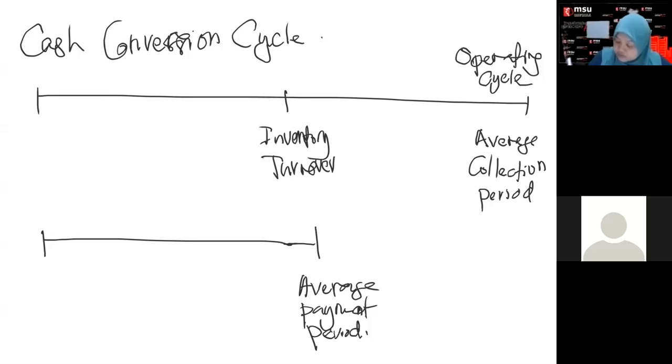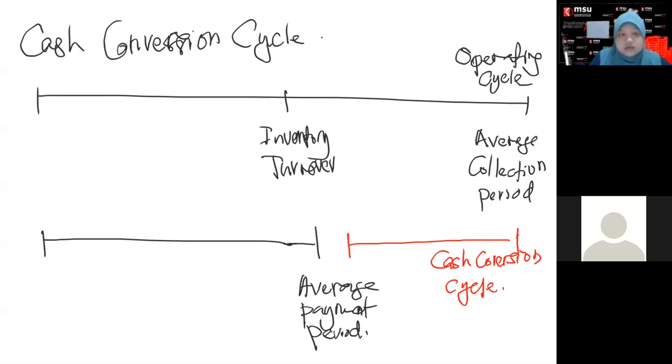The period from the operating cycle until you pay your supplier, we call the cash conversion cycle.